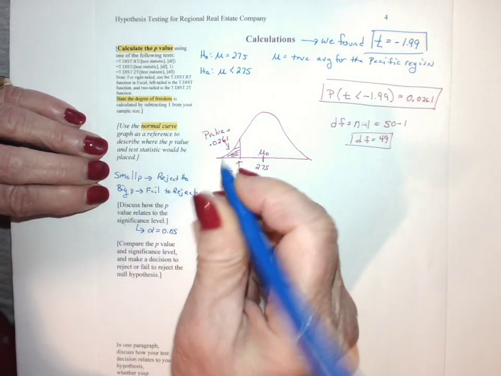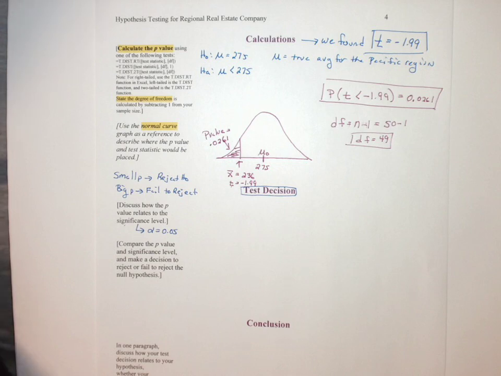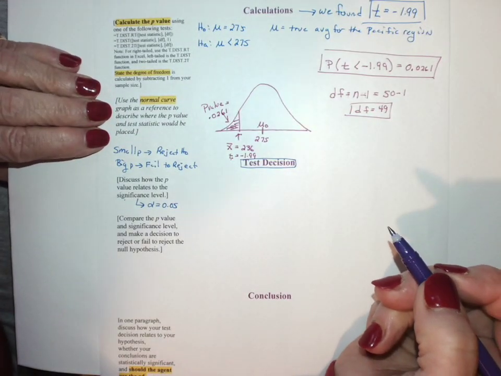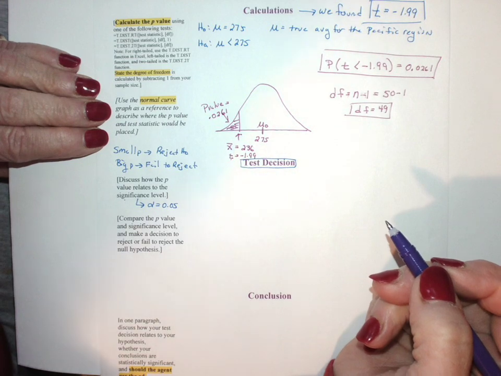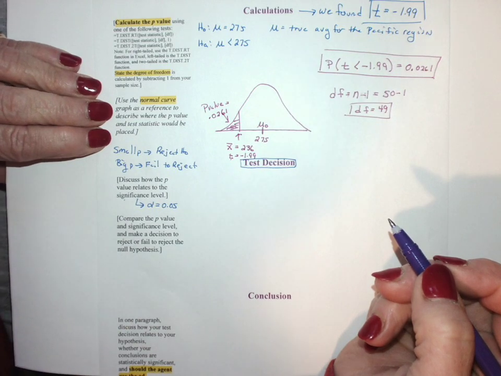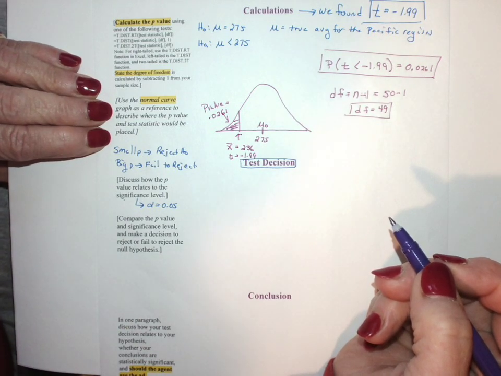And in doing this, there is a standard methodology on how we want to write this statement. We want to make connections between the p-value, alpha, do we reject or fail to reject, and do we have convincing or don't have convincing evidence.